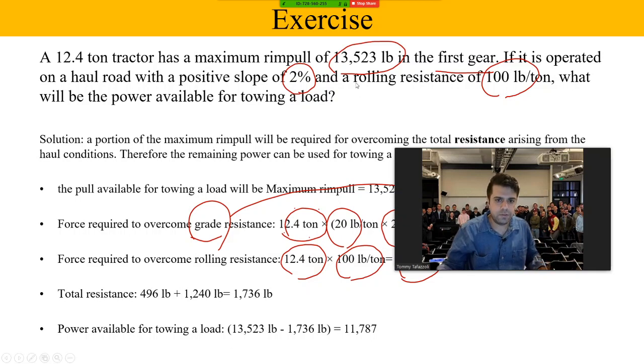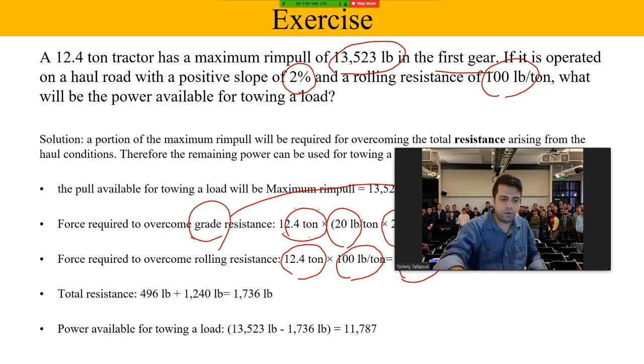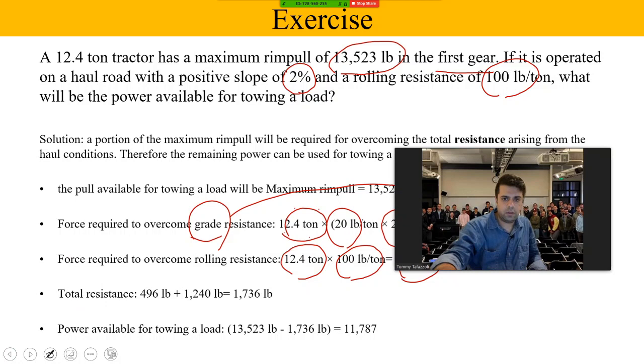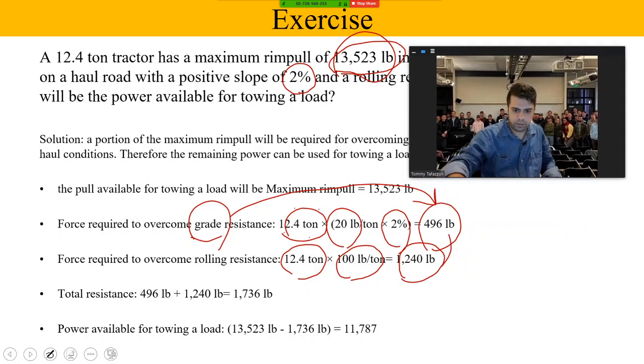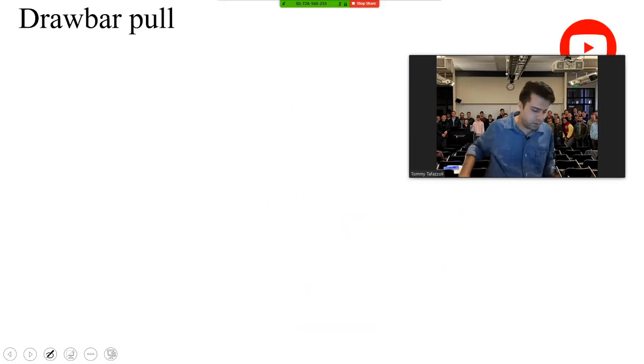The difference between the maximum rim pull and the total resistance. So this is the maximum rim pull minus the total resistance. All right, so let's move on.